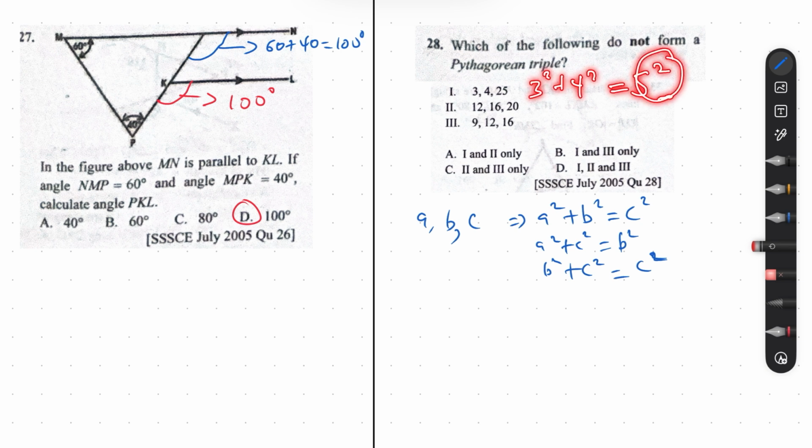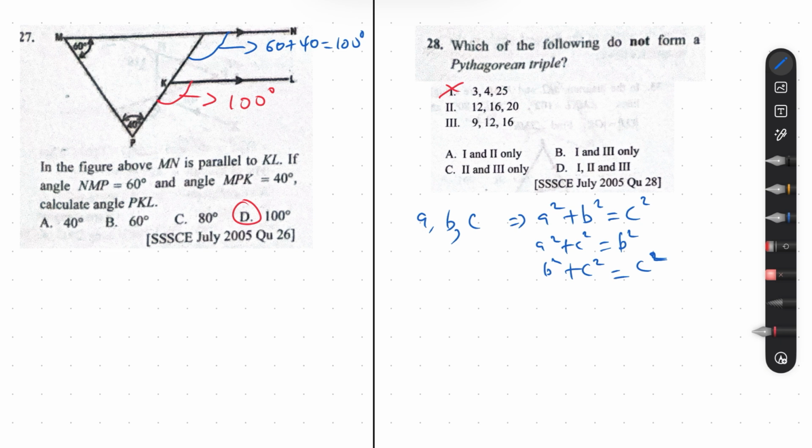But here we have 25. Although 25 is 5 squared, we are not looking for the square, we are looking for the actual number, which is supposed to be 3, 4, 5. But here we have 3, 4, 25. So that does not work. So it's not a Pythagorean triple.